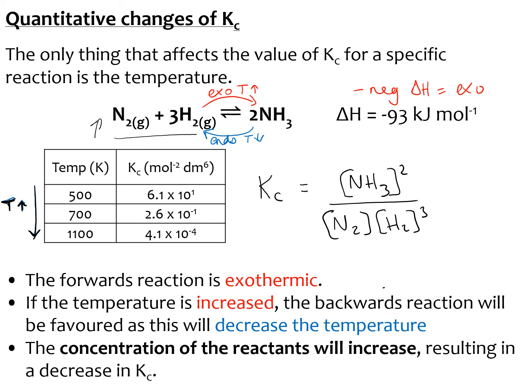Now, what that will do is increase the bottom of this fraction. So if the bottom of the fraction increases, the value of Kc will go down. We can see that here, that it goes from being 10 to the power of 1 to 10 to the minus 4. So it's specifically related to whether or not the forwards reaction is exothermic or endothermic.